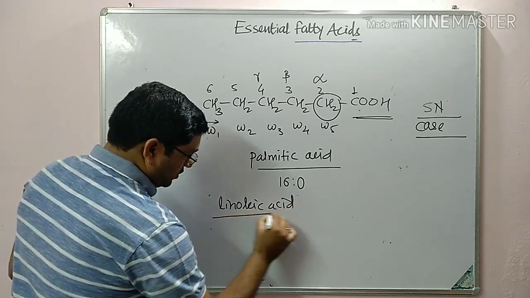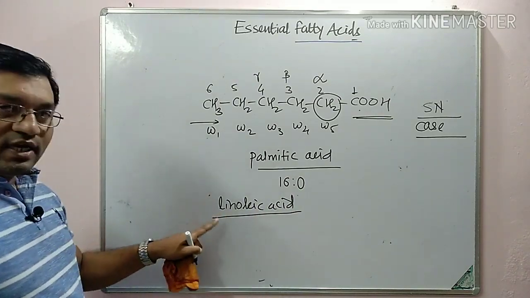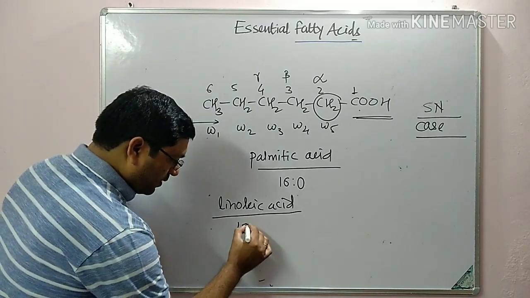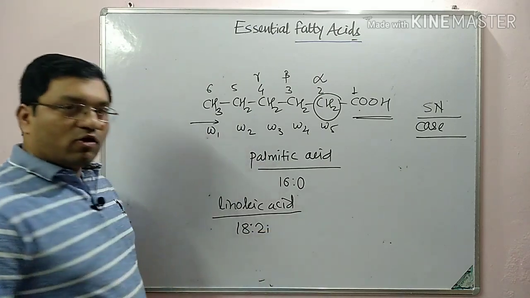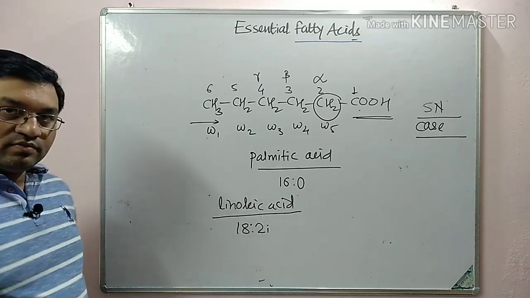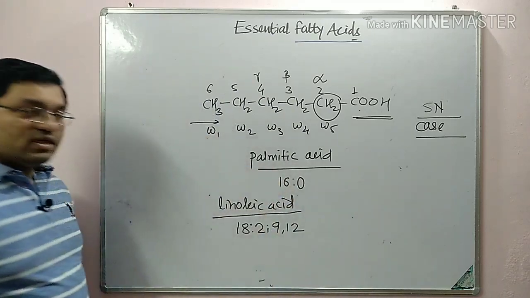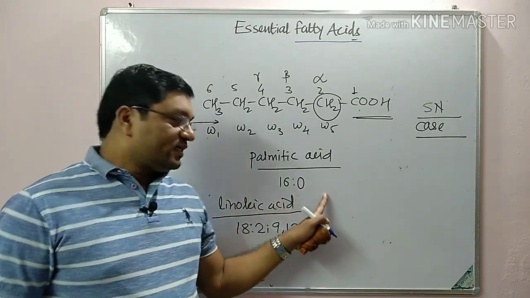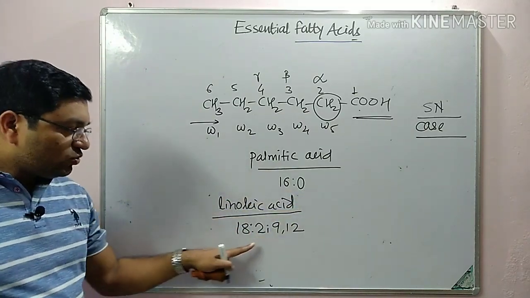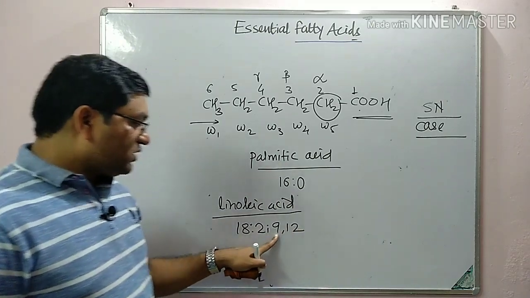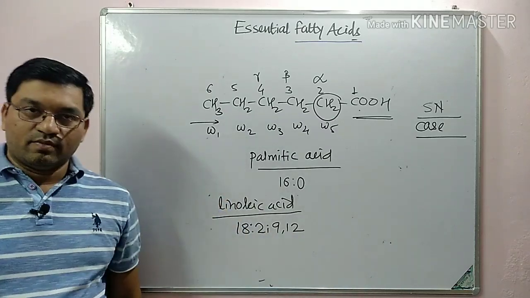The number of carbon atoms in linoleic acid is 18. It contains 2 double bonds, and the positions of the double bonds from the carboxyl end are 9 and 12. So this is the shorthand representation: palmitic acid has 16 carbons and no double bond; linoleic acid has 18 carbons and 2 double bonds, at the 9th carbon and 12th carbon. So this is how they are named.